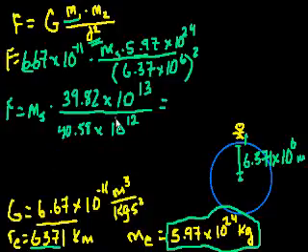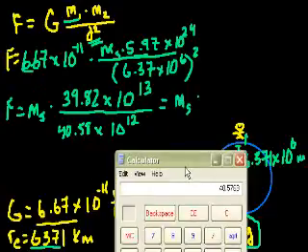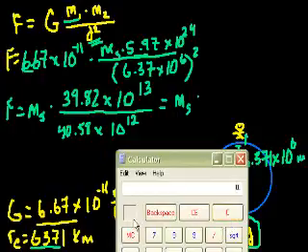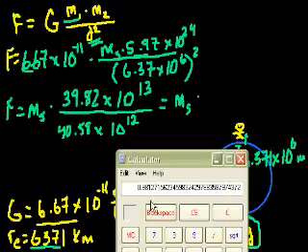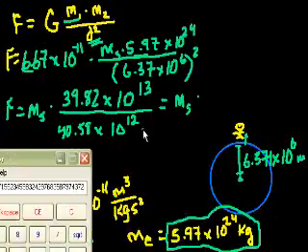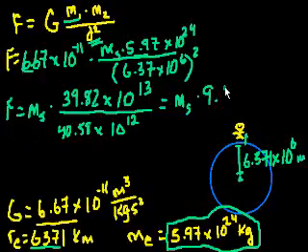And so simplifying it, the force is equal to the mass of Sal times, let's divide 39.82 divided by 40.58 is equal to 9.81.